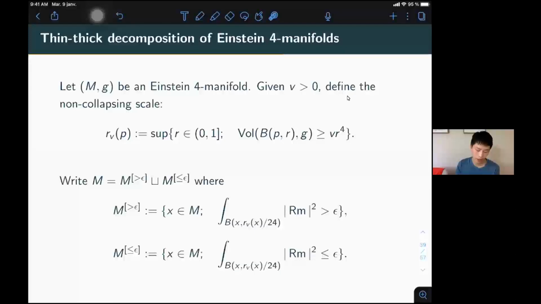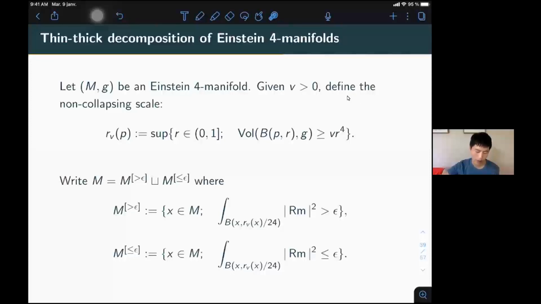And the complement set is the other part. So V is chosen very small, and then you choose epsilon very, very small compared to V, so that you can apply the epsilon regularity theorem.